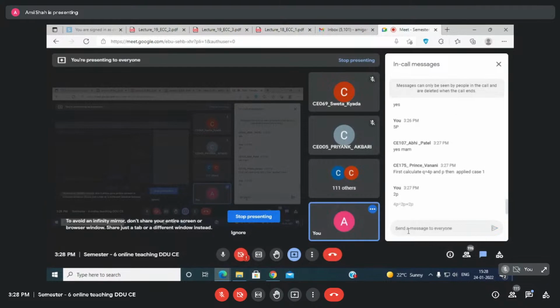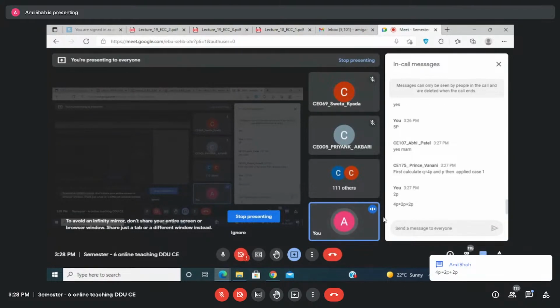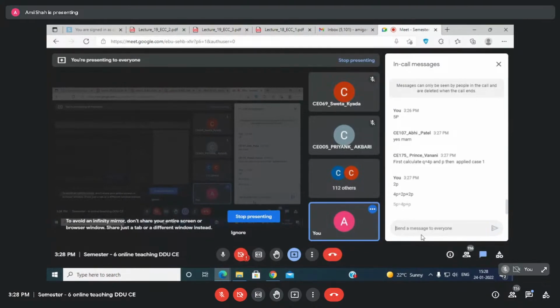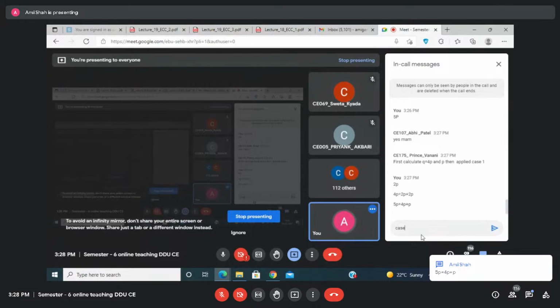When you calculate 2P, which case are you performing? Case number 2. Again, to calculate 4P, 2P plus 2P, you use case number 2. And then when you calculate 5P, it equals 4P plus P. So now case number 1 is applied.